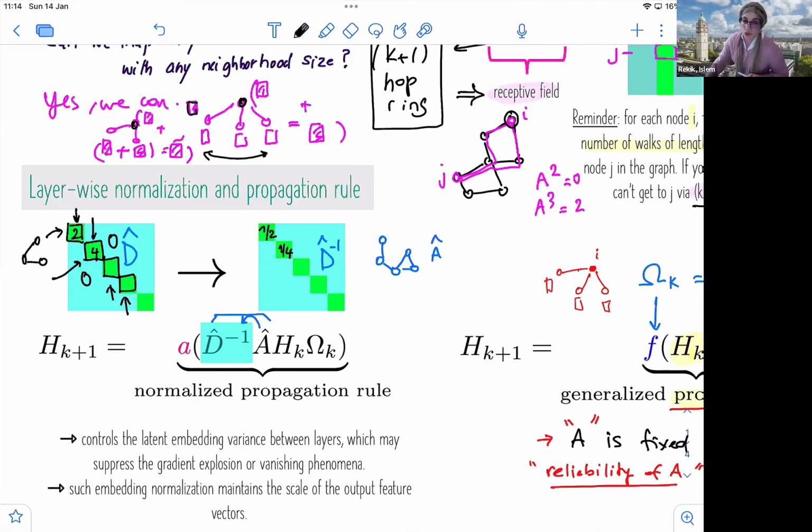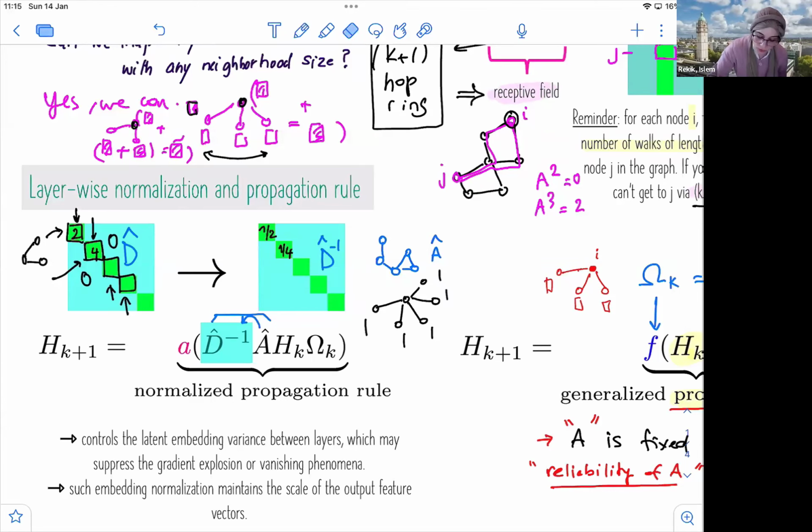So the goal of normalization is that when we want to do information diffusion, we want to be careful, because look, if this node has so many neighbors, we will aggregate so many values, but we will not divide by the number of nodes, which is here, you know, 5. We will not normalize.